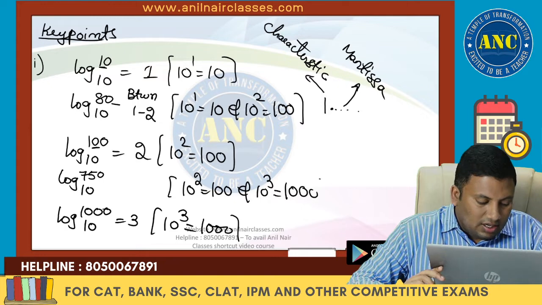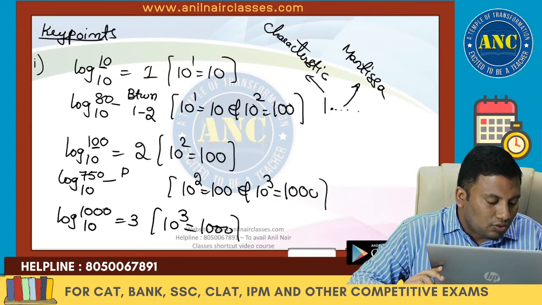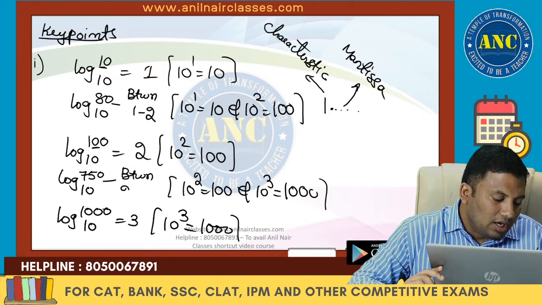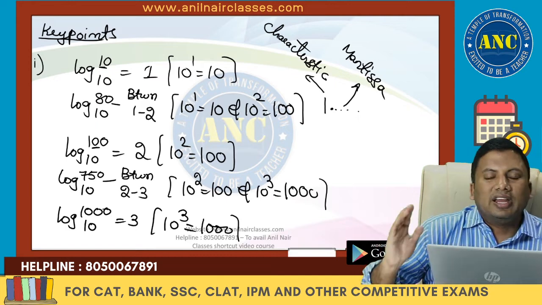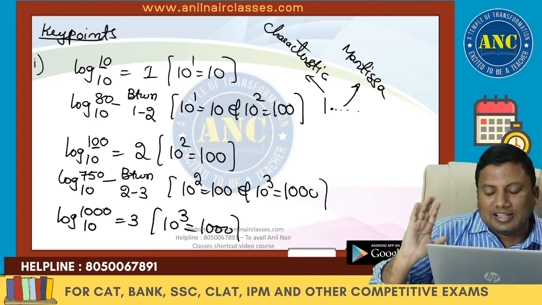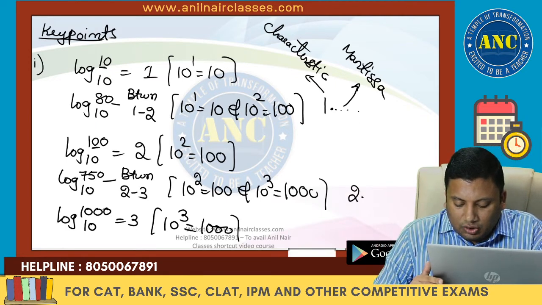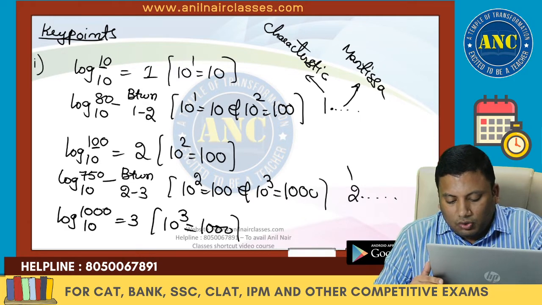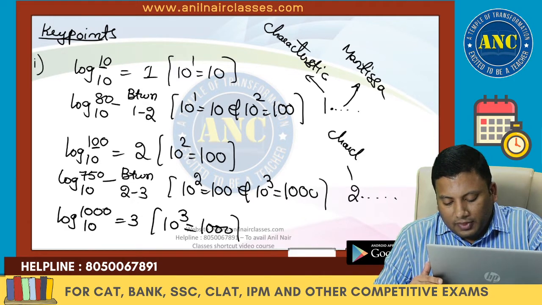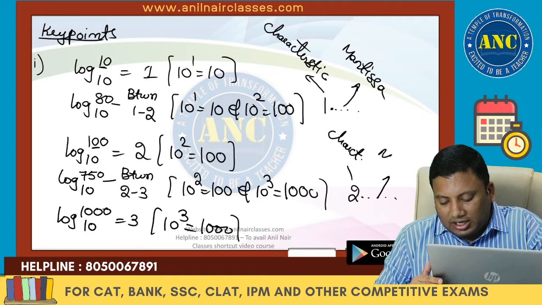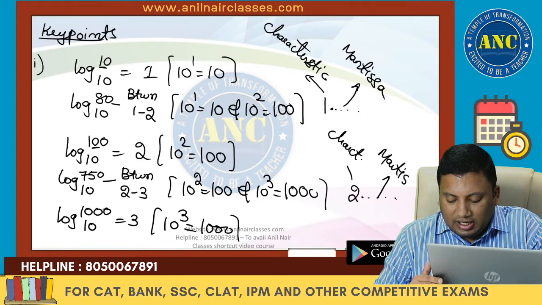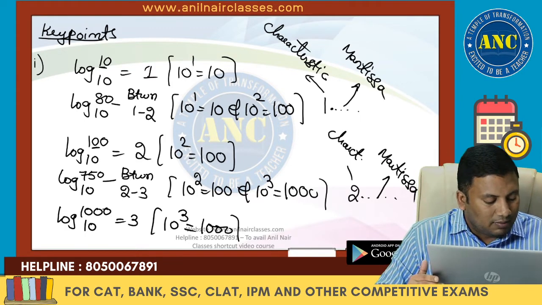So this value lies between 2 and 3. Any value greater than 2 and less than 3 is written as 2 point something. So 2 is the characteristic and any value after the dot is the mantissa.